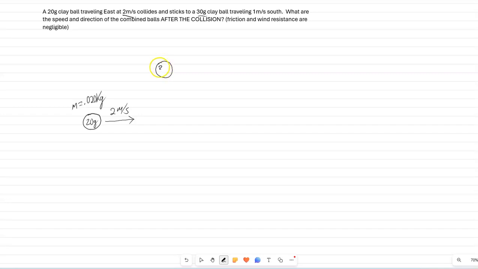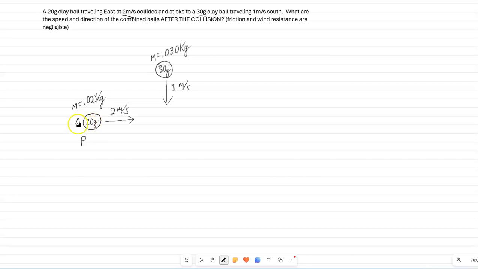That's going to be 30 grams, and let's convert that to kilograms, 0.030 kilograms, with a velocity south of, I know I just read it, 1 meter per second.